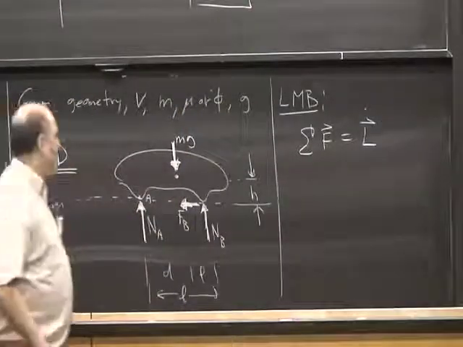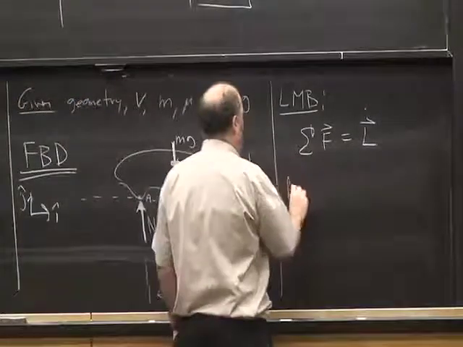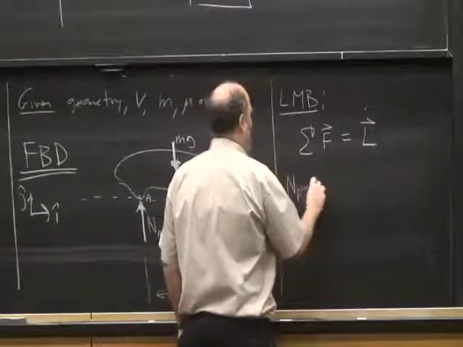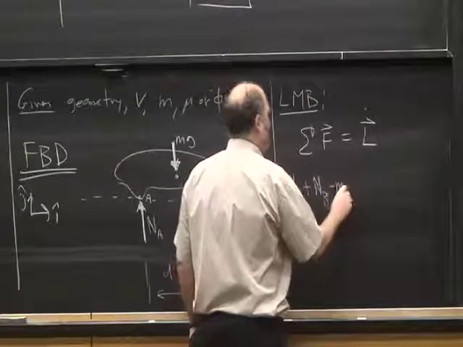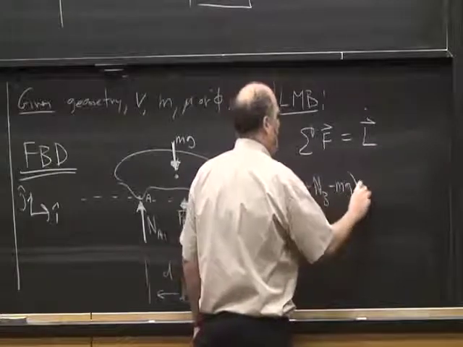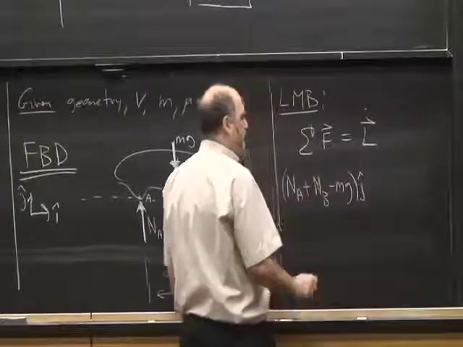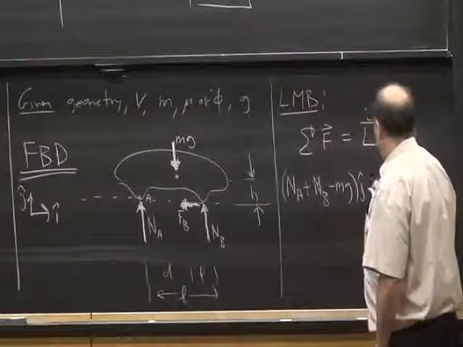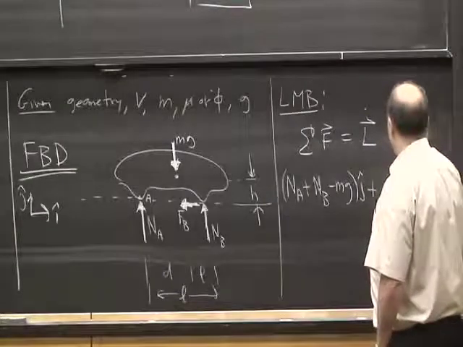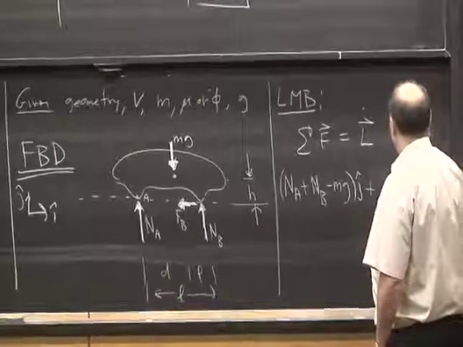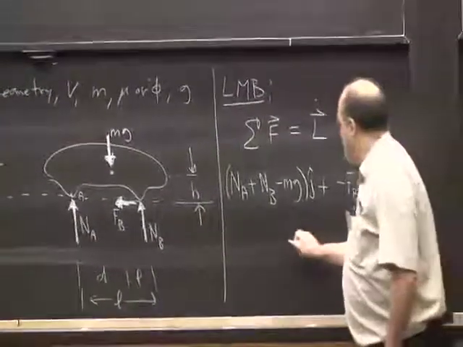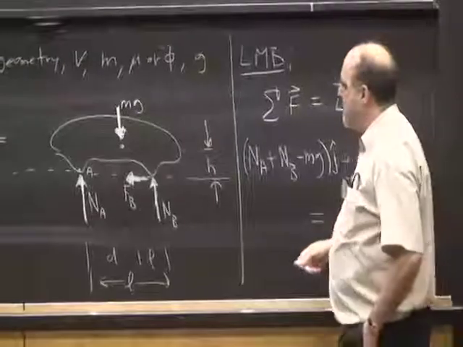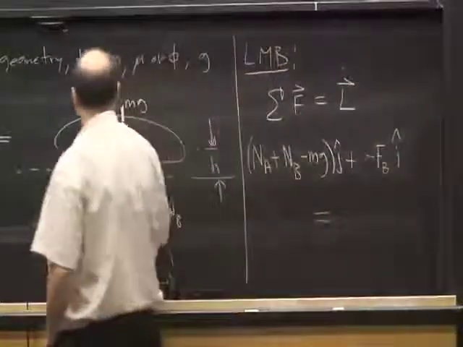What are the forces on this system? Well, we have N_A up plus N_B up minus mg down, all in the j direction. And we have to add to that a minus F_B in the i direction, and this is equal to the rate of change of linear momentum of this system.